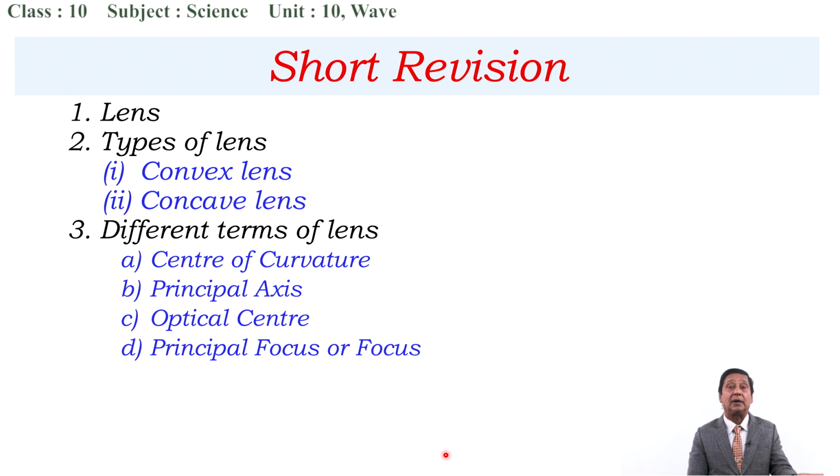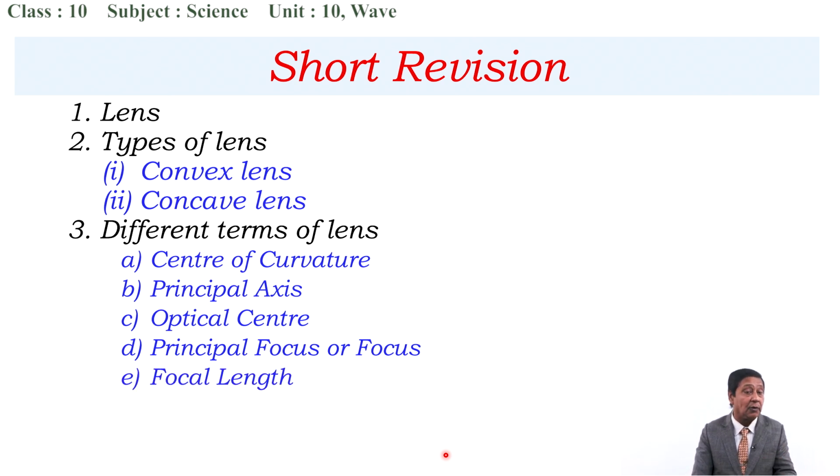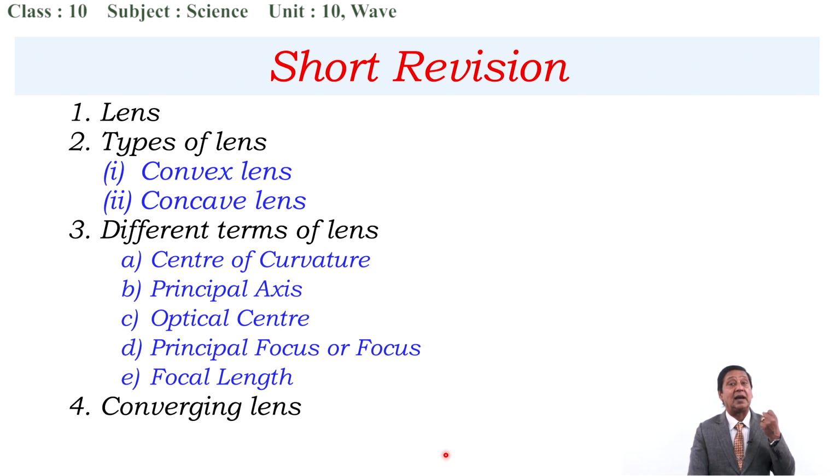And principal focus, what is it? Light coming parallel to the principal axis of a lens either passes through a point on the principal axis or appears to be coming from a point on the principal axis. These points are called principal focus. Focal length: the distance from the optical center to the focus of the lens is called focal length. And then the converging lens: a convex lens is called a converging lens. Why? I described a lot.